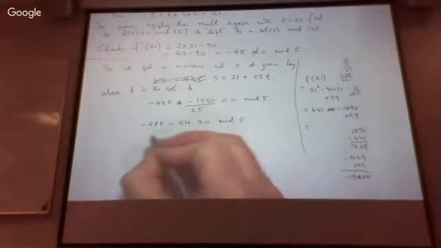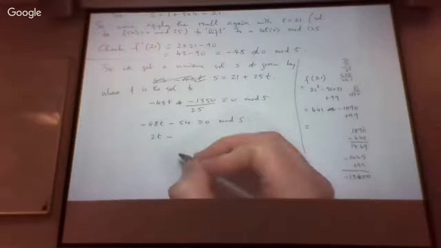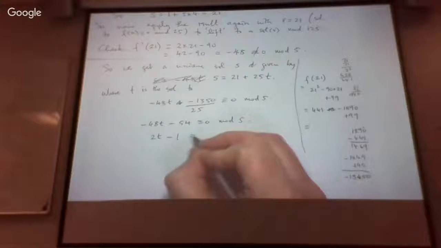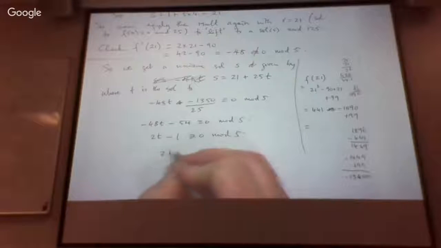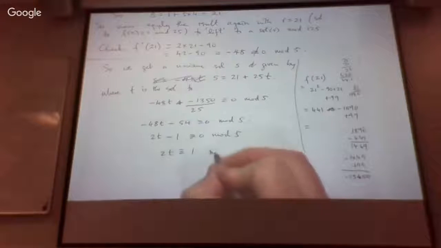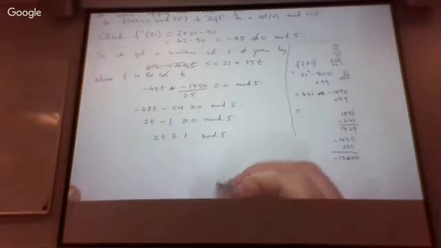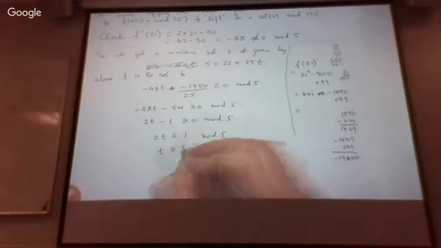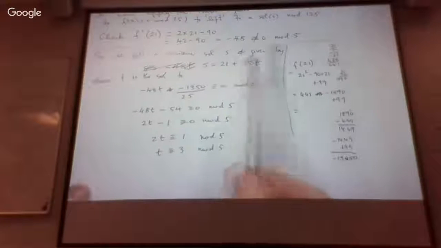Okay, minus 48 is 2 again, and minus 54 is 1, modulo 5. So 2t is congruent to 1 modulo 5, so t is congruent to 3. So t is 3, and you just feed that back in up here.